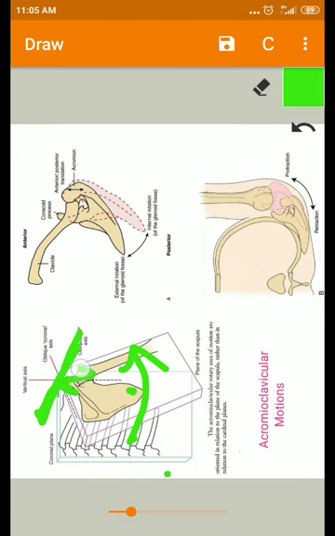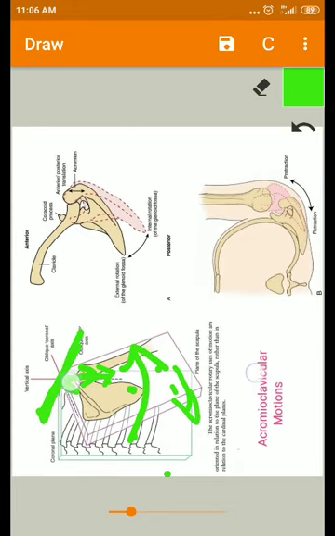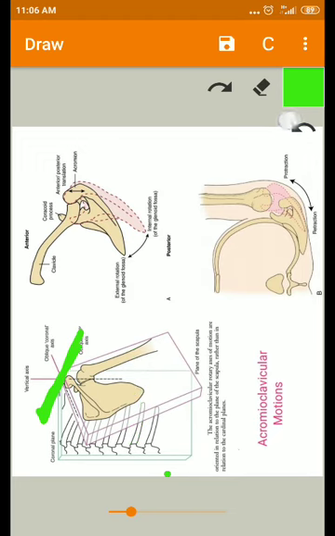That is called upward rotation of the scapula. And during downward rotation, what will happen, this scapula will move back and this glenoid cavity will come downwards. So this is the thing happening during upward and downward rotation. This takes place in the oblique AP axis.